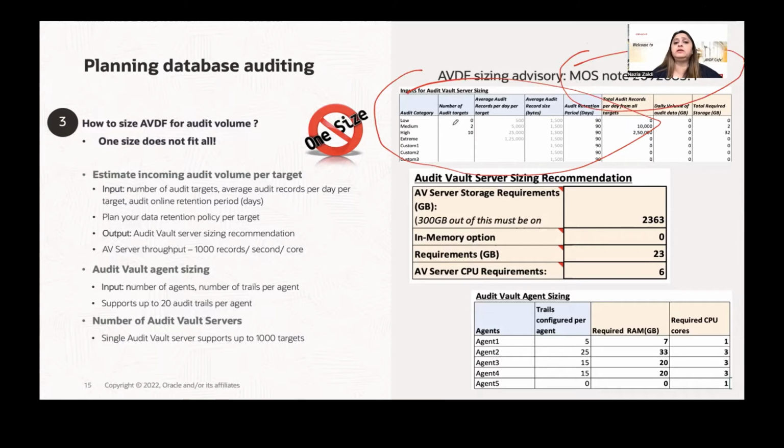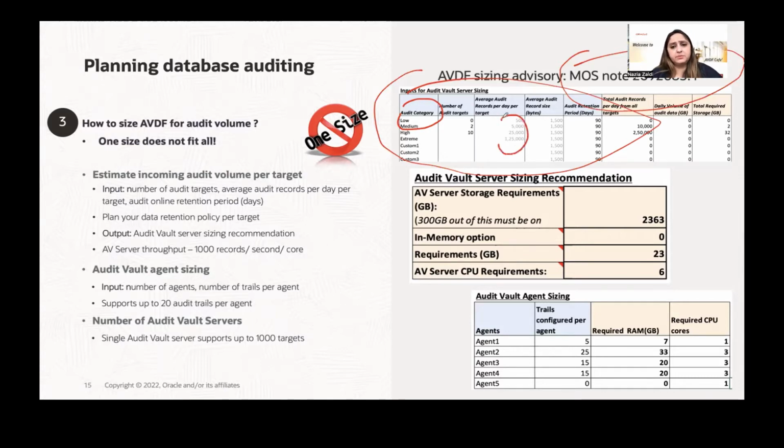In this, we collect two kinds of information. One is for your audit category, and the second is for the database firewall. We ask you to segregate, or understand your system well: how many targets you feel have heavy auditing, medium auditing, or low auditing.